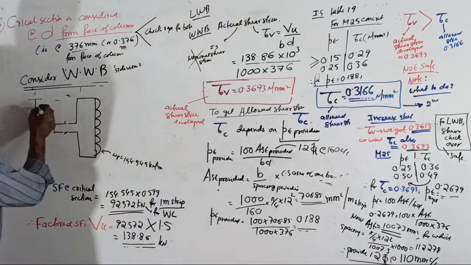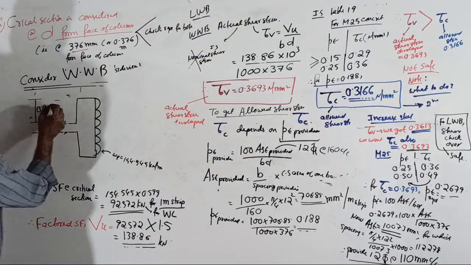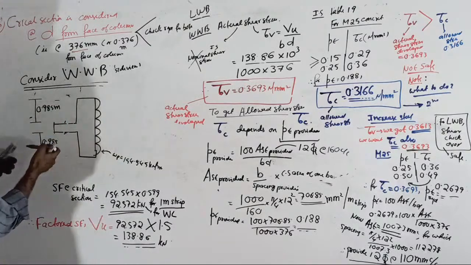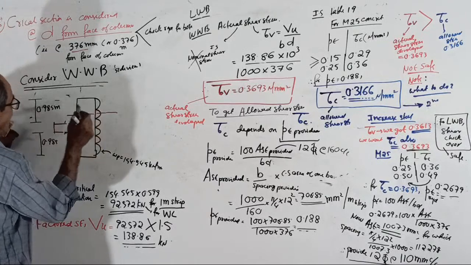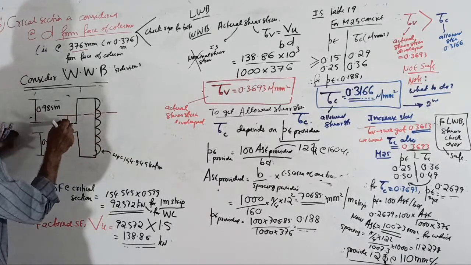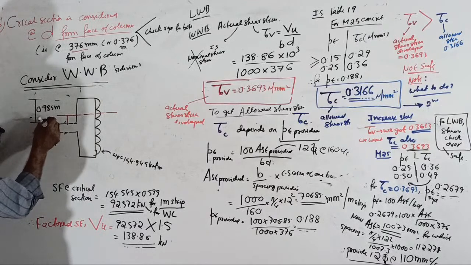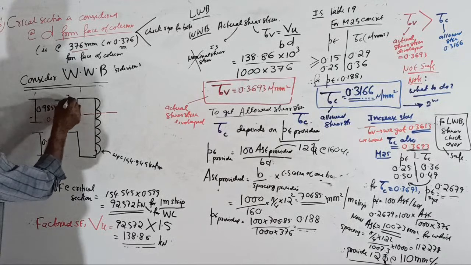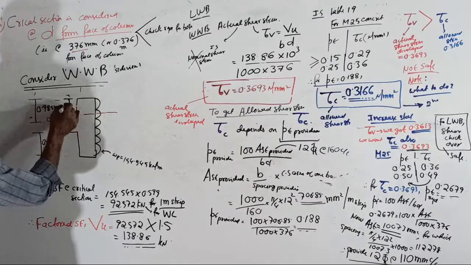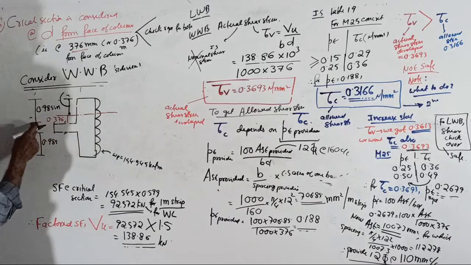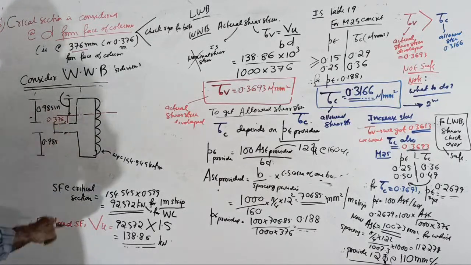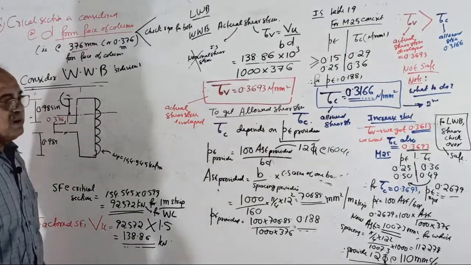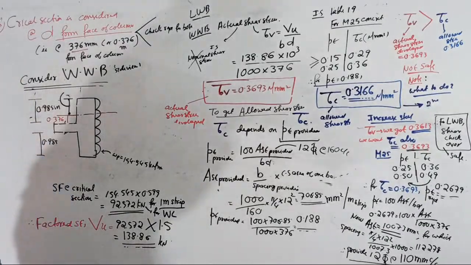Widthwise projections are 0.985, almost equal 985. Critical section comes here, see. Critical section from here is at D equal to 0.376. Therefore tell me what is this length, quickly. What is this length? 0.985 minus 0.376, I will tell you. 0.985 minus 0.376, how much?